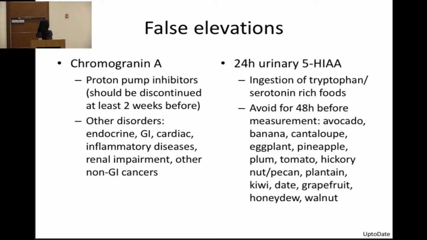Other conditions like GI, endocrine, and cardiac problems, inflammatory disorders, even non-GI cancers can cause elevations in chromogranin A. So if the chromogranin A level is discordant with the imaging, other conditions should be considered or looked for. For 5-HIAA, any tryptophan or serotonin-rich foods can cause high elevations. So foods to avoid maybe 2 days before your test would be these ones listed here, like avocados, bananas. I'm not going to name them all, but they're all listed here.